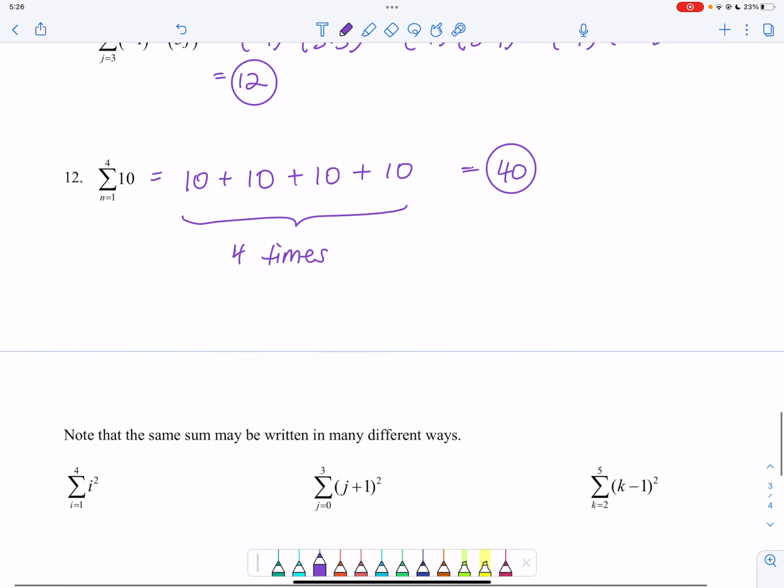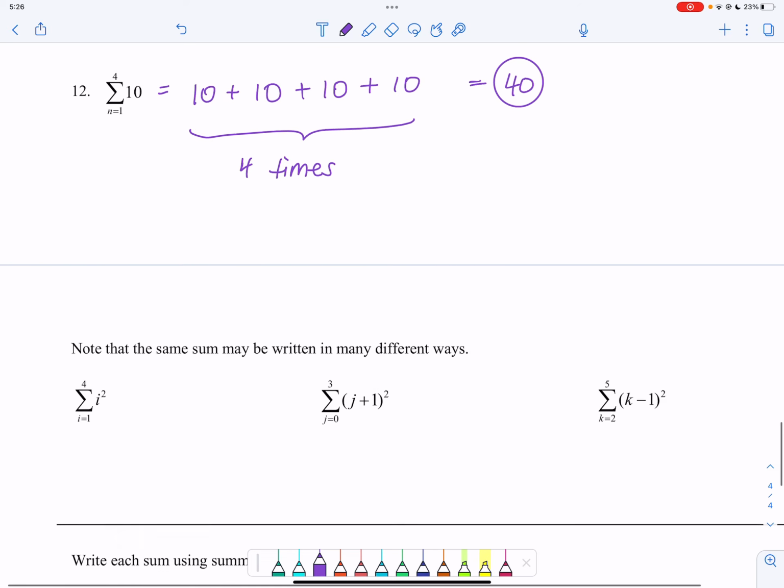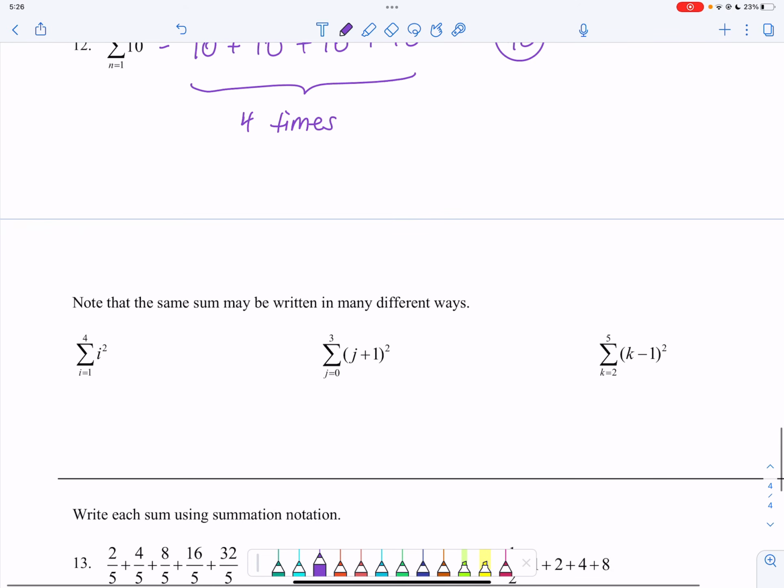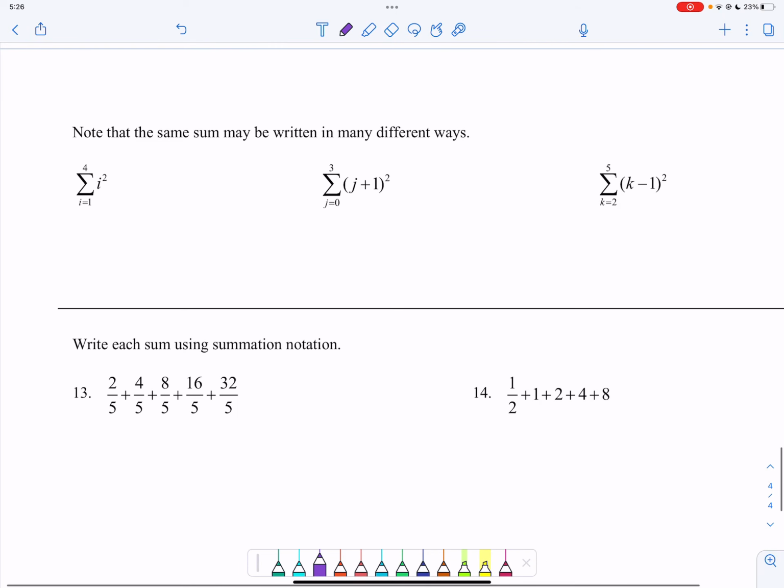Okay, note that the same sum may be written in many different ways. So as you can see here, we have I starting at 1 and going to 4. Let's see what we have. So we have 1 squared plus 2 squared plus 3 squared plus 4 squared. Now, what if we started at 0 and went to 3?